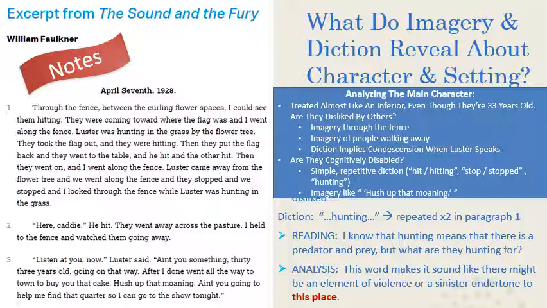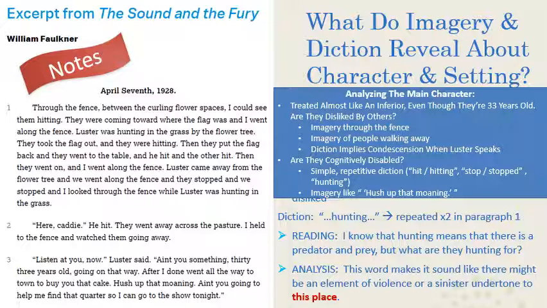When the character of Luster speaks, then we've got specific word choices that imply condescension toward this person. So he says, "Ain't you something," right? Like there's this just kind of like nastiness to it. "Listen to you now," right? So the way that those words have been chosen to just kind of sound kind of mean and condescending. "I done went all the way to town to buy you that cake," right?